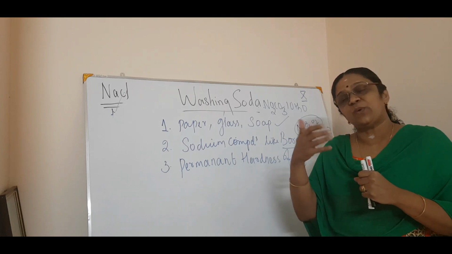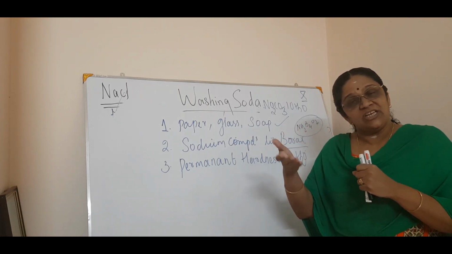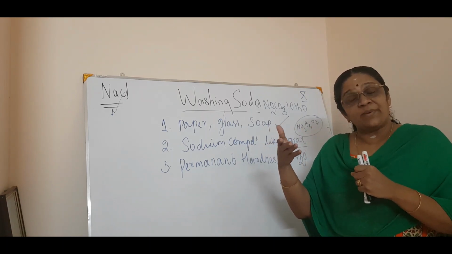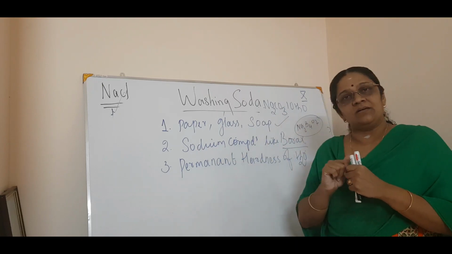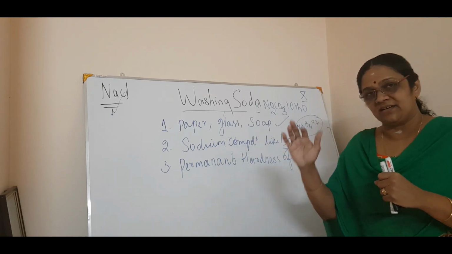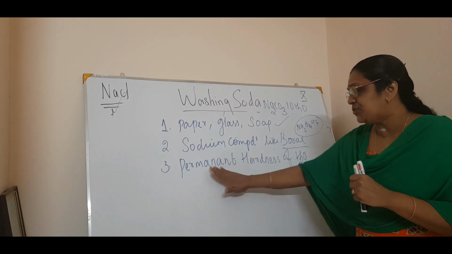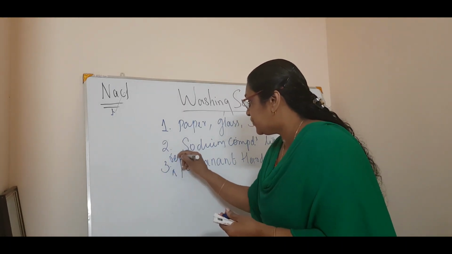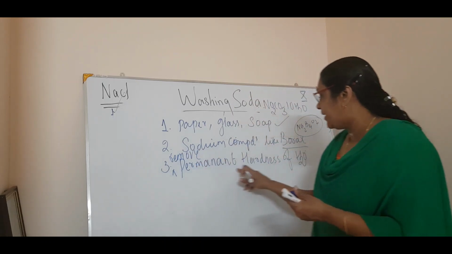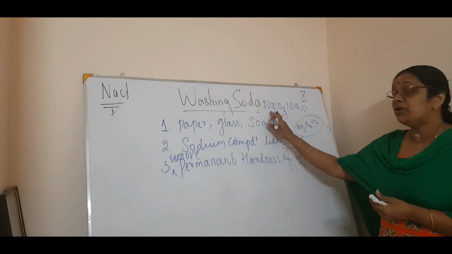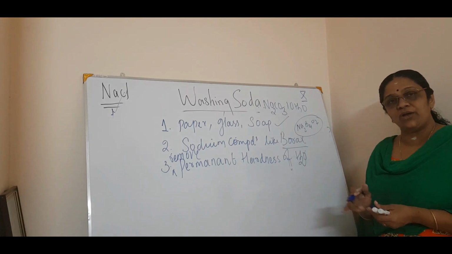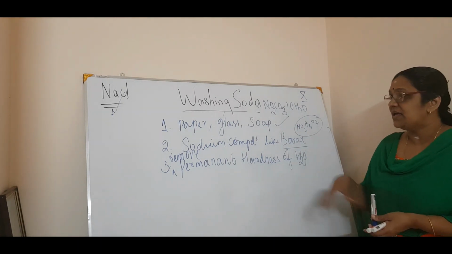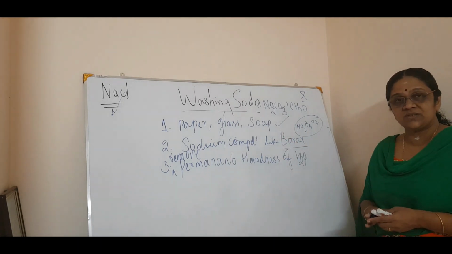While boiling, the magnesium ions and calcium ions will precipitate as insoluble hydroxides. That we will see later in higher classes. So to remove the permanent hardness of water, you put washing soda into it. That is the third use of washing soda.